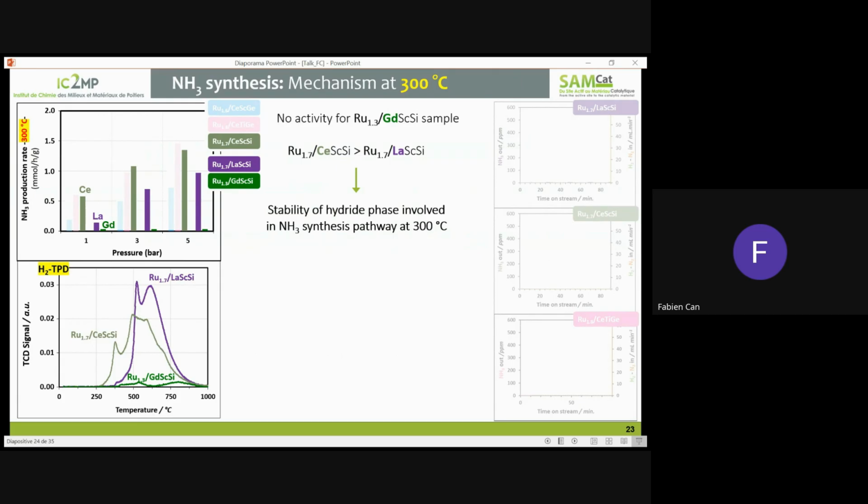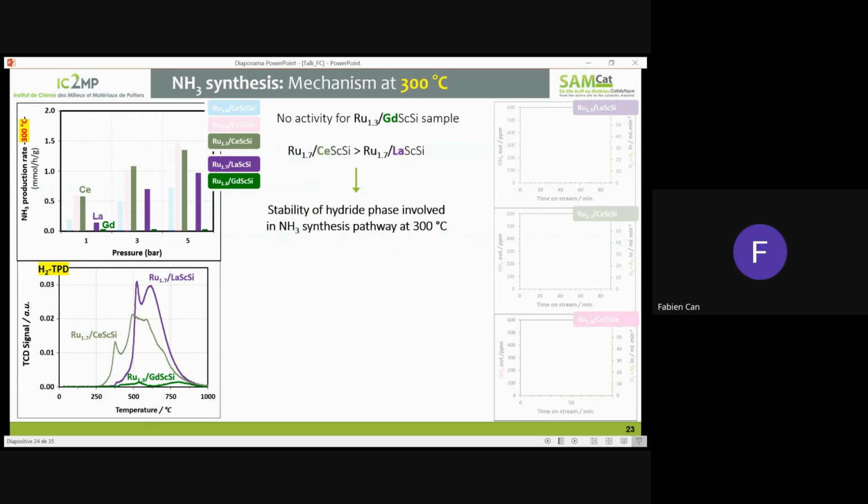It was confirmed by DFT calculation, so it explains the difference in the catalytic behavior of this solid. But on the contrary, clearly we have an important desorption of hydrogen at low temperature for the cerium, scandium, silicium. So it means that the stability of hydride is maybe involved in the ammonia synthesis pathway at 300 degrees C.